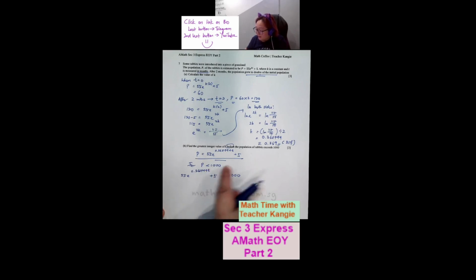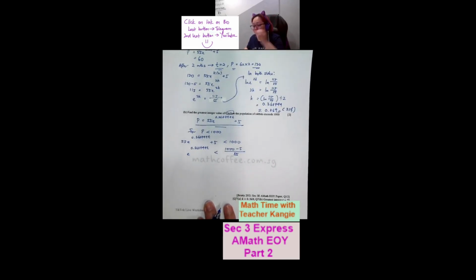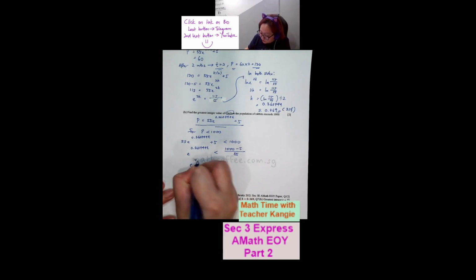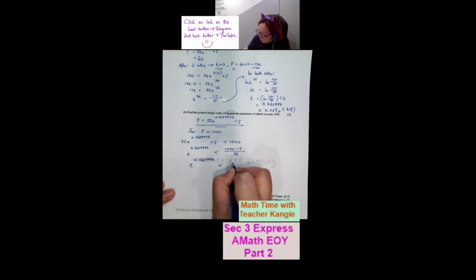I'm going to bring the plus 5 over. So see, my e^(0.368799t) is 1000 minus 5, then divided by 55. So now I have e^(0.368799t) less than 199 over 11.